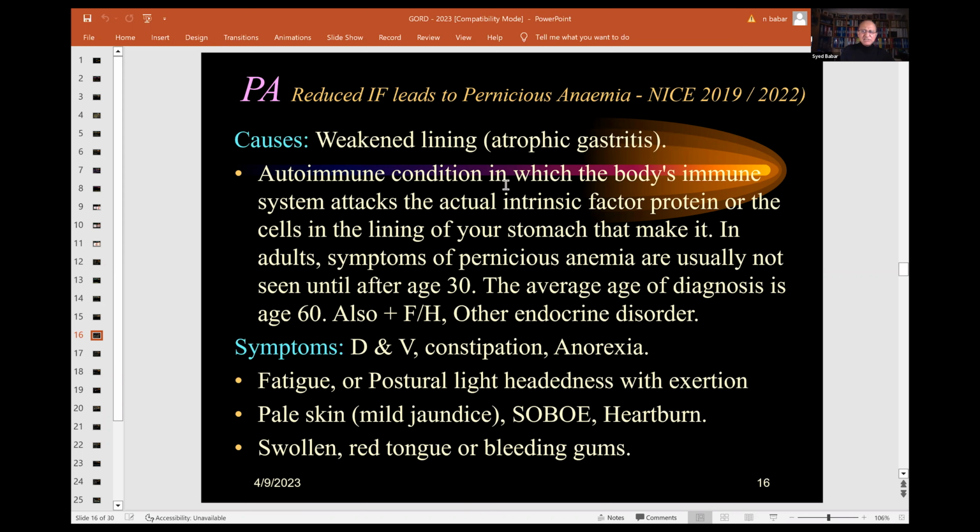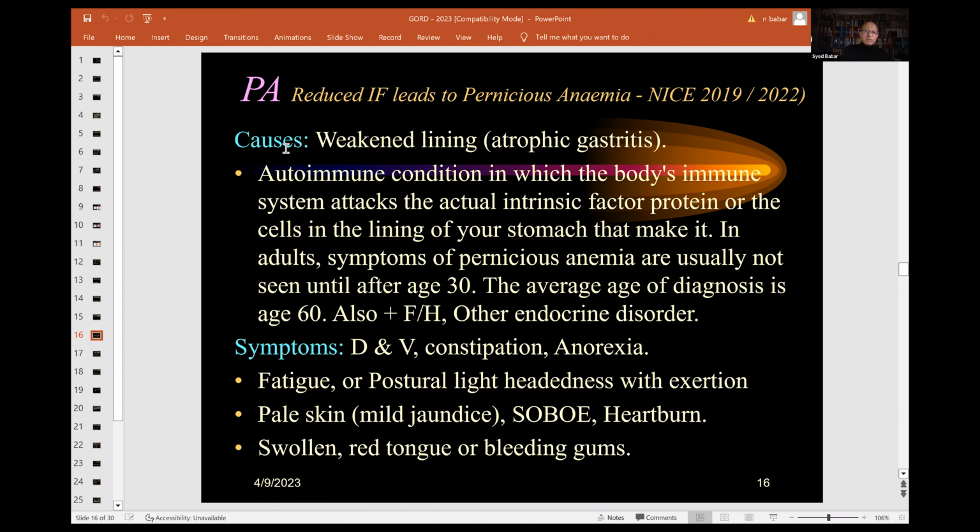Autoimmune gastritis occurs when the body's immune system attacks the actual intrinsic factor protein or the parietal cells which make it, thinking that these are enemies. And this is why atrophic gastritis and pernicious anemia, because of damage or inactivity or reduction of the intrinsic factor, is usually not seen until after the age of 30. Average age of diagnosis is 60, and there is positivity of family history and other endocrine disorders being present.